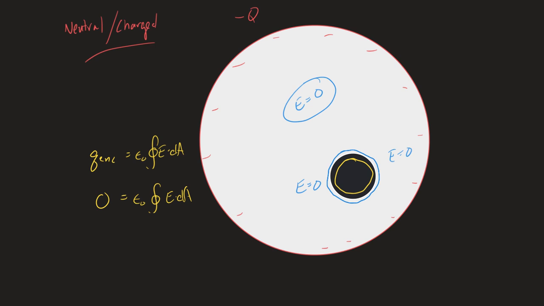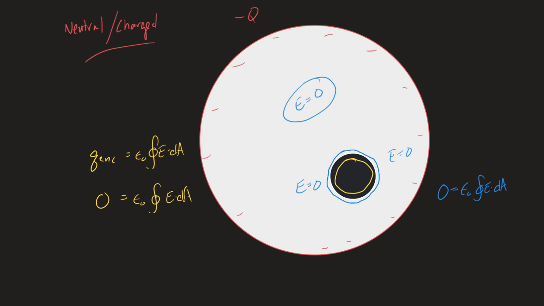So the flux through the blue Gaussian surface has to equal 0 because the electric field is 0. Now, I'm not saying that there's no enclosed charge. I'm saying that the flux has to equal 0 here because the electric field is 0, because I'm inside the metal.